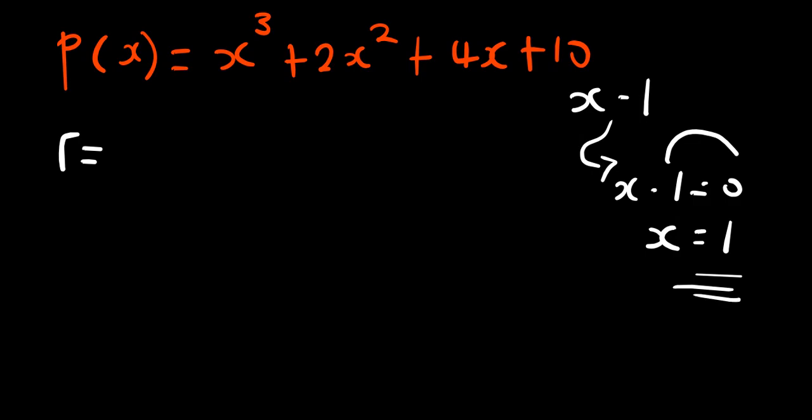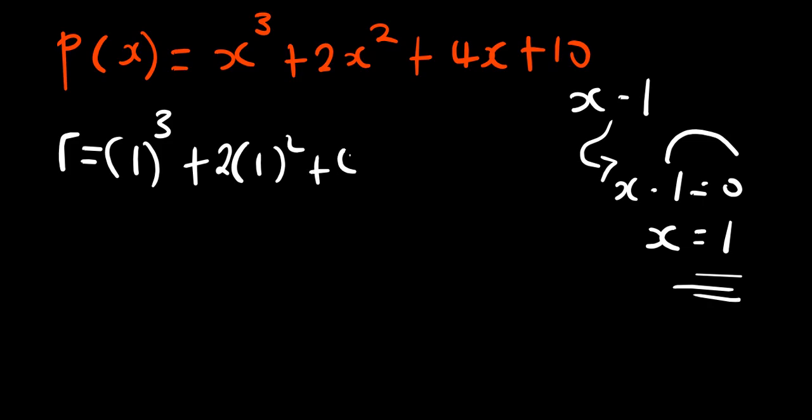So what are you going to have? You're going to have 1 to the power 3, plus 2 times 1 to the power 2, plus 4 times 1, plus 10.